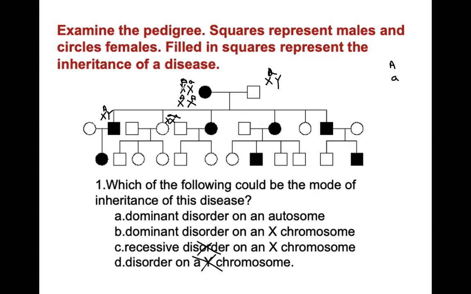We're not able at this point to tell whether she is homozygous or heterozygous. Then we have a female here who is showing the disease, and she would have to have a dominant allele, which she can get from her mom, and then a recessive allele from her dad. Same thing in this individual.